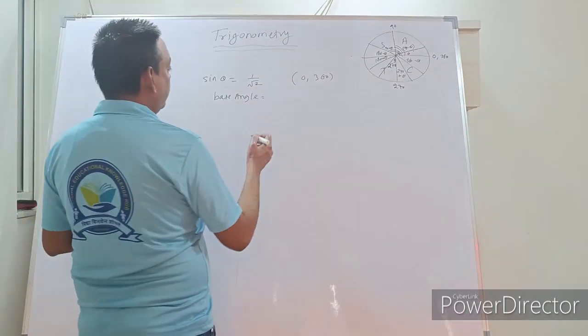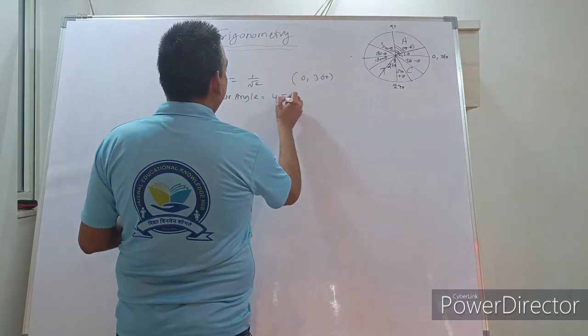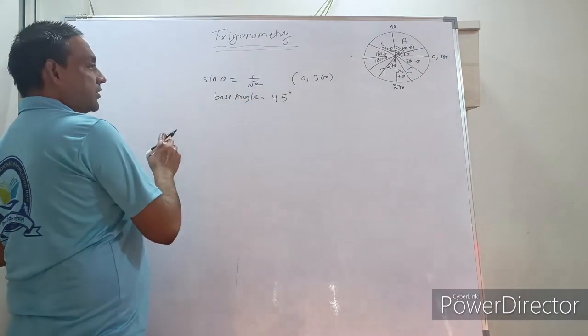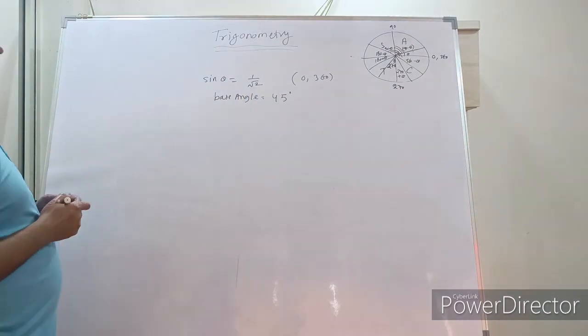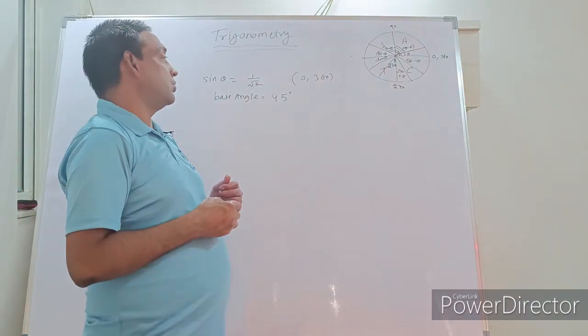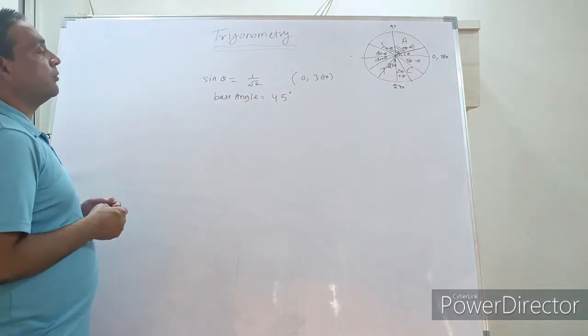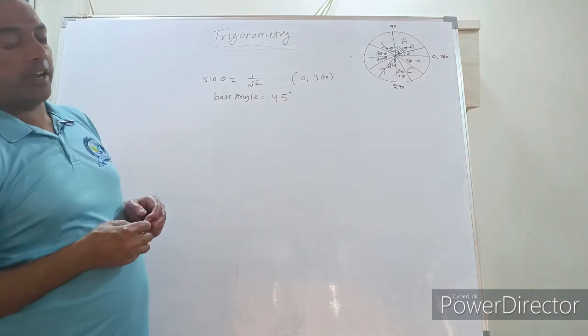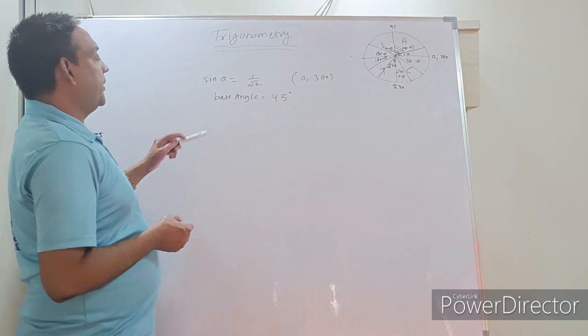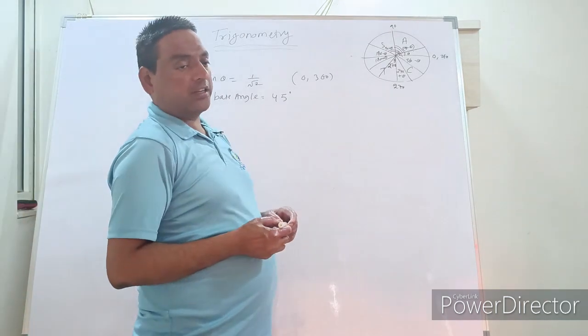So sine 45 degree. Here one more thing: if they give a value from the table, that is 0, 1 upon 2, 1 upon root 2, root 3 upon 2, then 1, they give only those values. If they give anything else, then they give the calculator. So here the base angle we get is 45 degree.